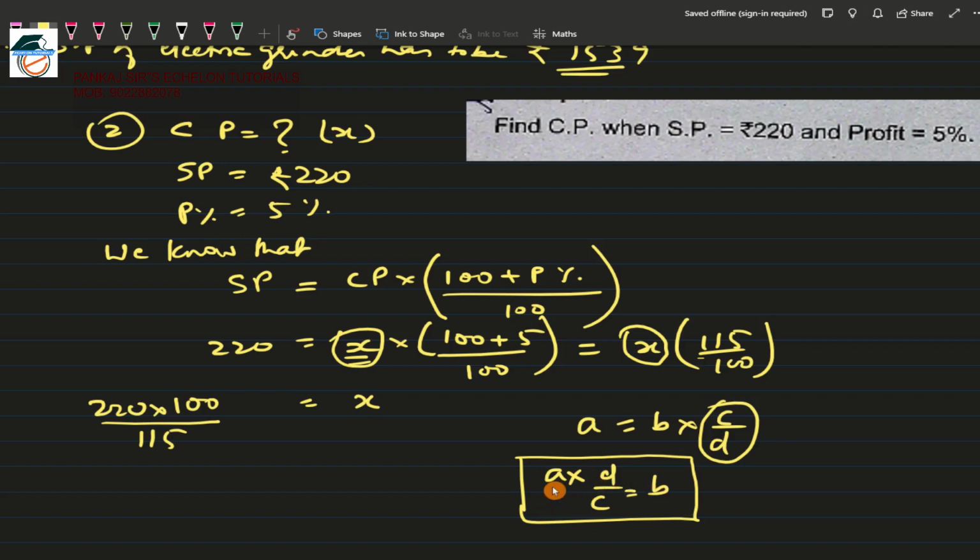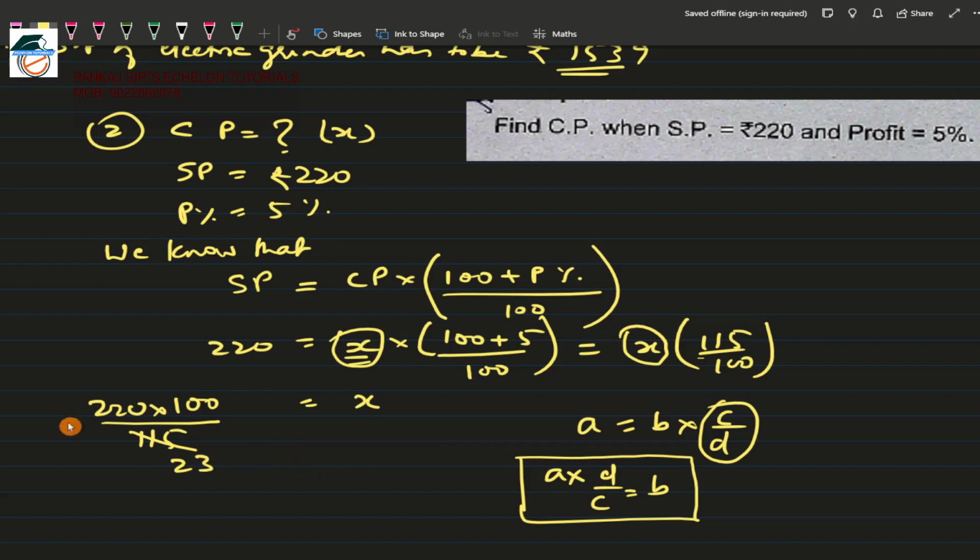So this is how the transposition will happen, and you will be left with X equal to 220 into 100 upon 115. Now let us try to calculate this. It is ending with a 5, so let us take 5 as a factor. 5 2s are 10, 1 is remainder, bring down 5, so 15, 5 3s are 15.